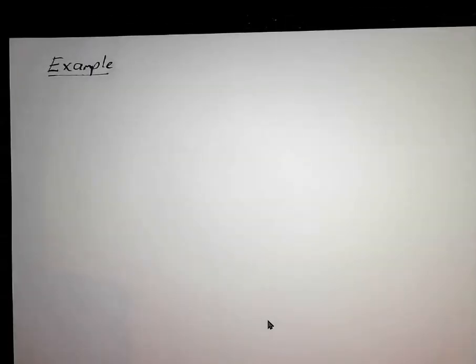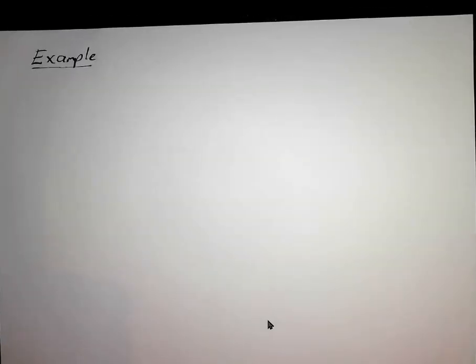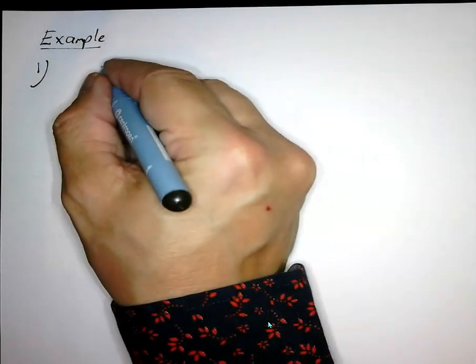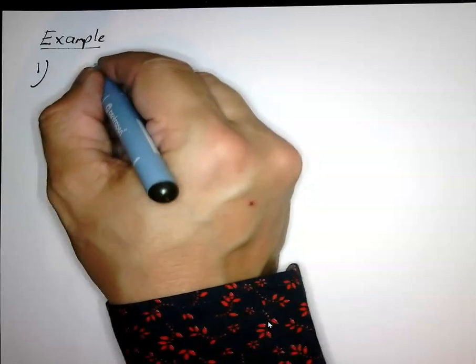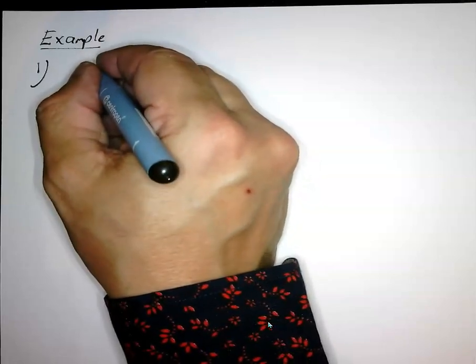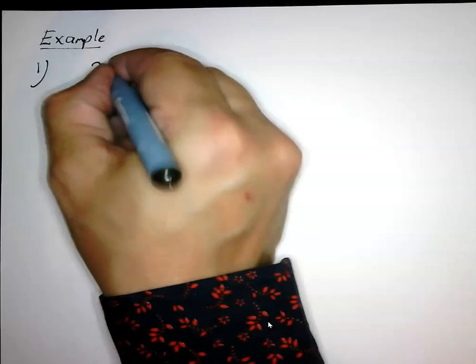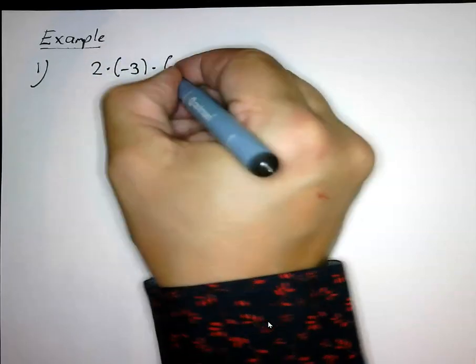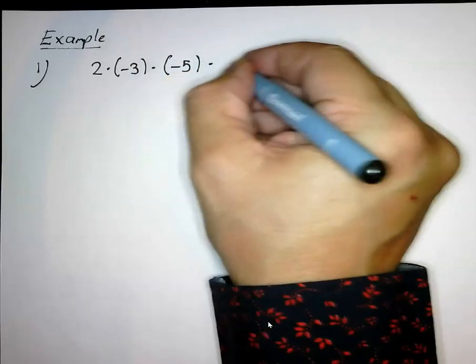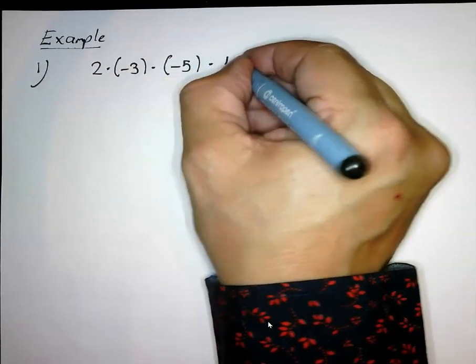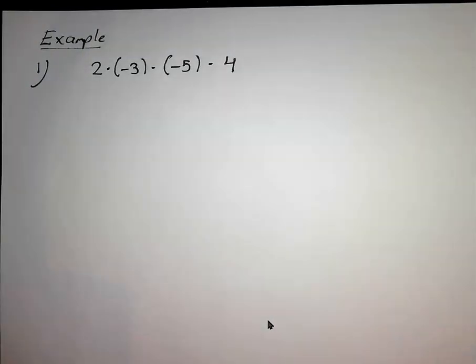For example, if we have this kind of multiplication, for example 2 times minus 3 times minus 5 times 4.